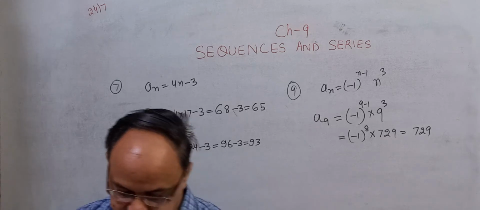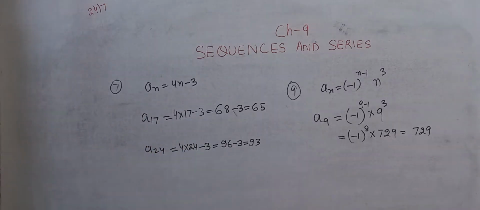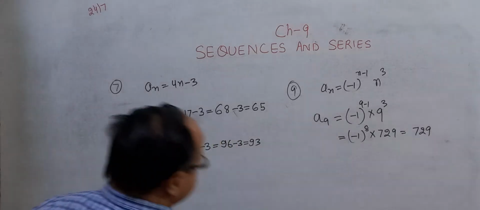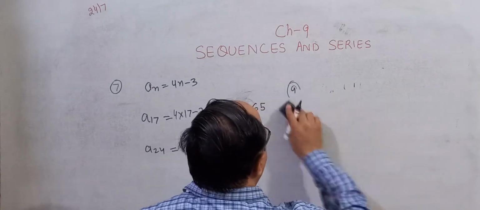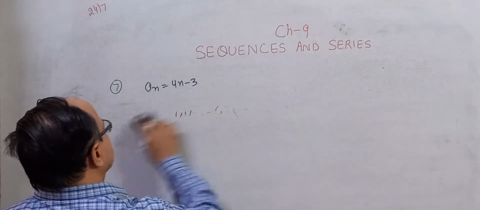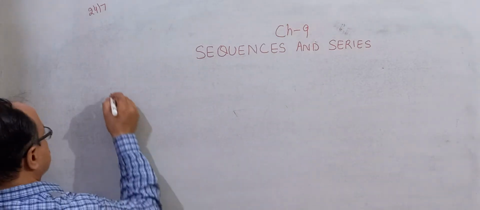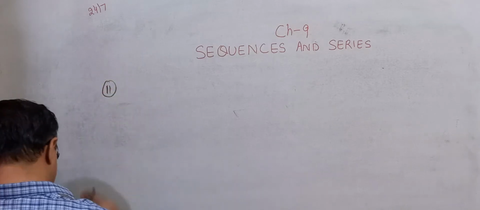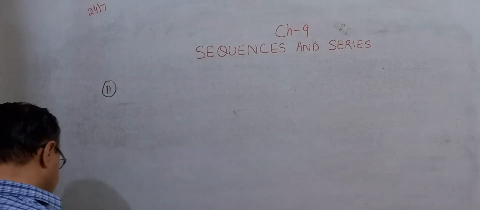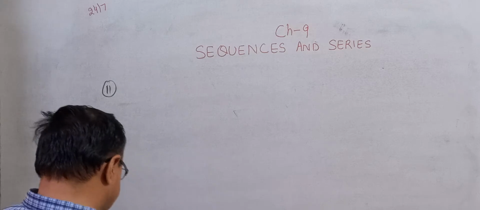Question number 11. Write the first 5 terms of each of the sequences.